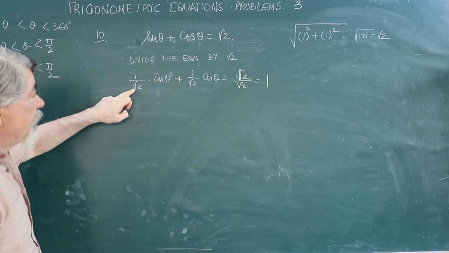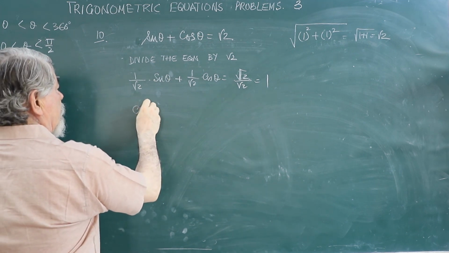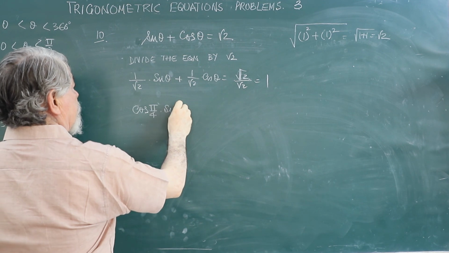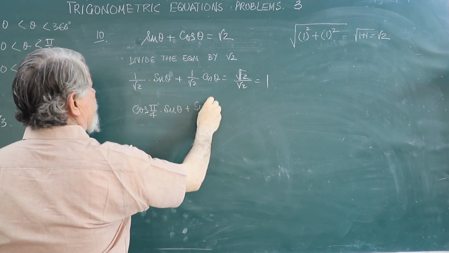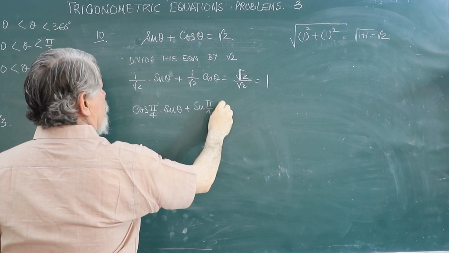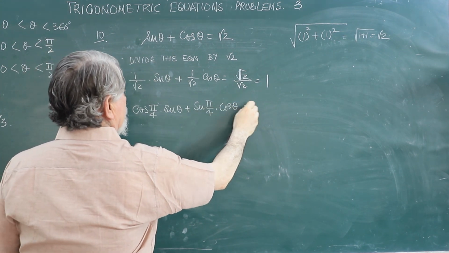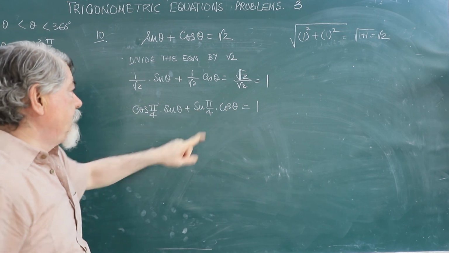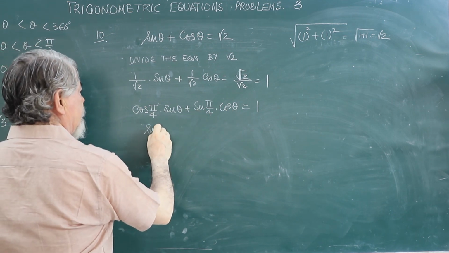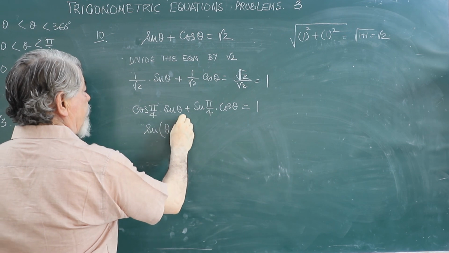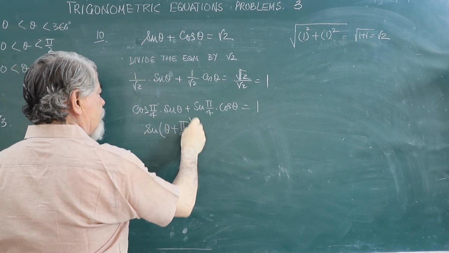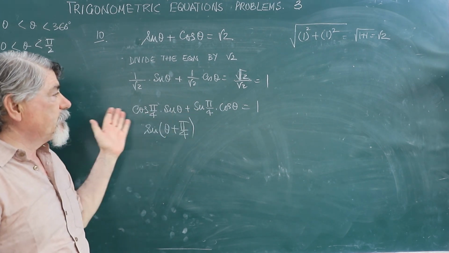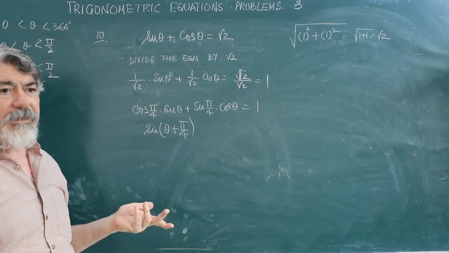Now, when we write it as cos pi by 4 sin theta plus sin pi by 4 cos theta is equal to 1, this is sin A cos B plus cos A sin B. So I can write it as sin of theta plus pi by 4, sin A plus B. I prefer doing it with sin A plus B because in this the plus sign will be coming everywhere.